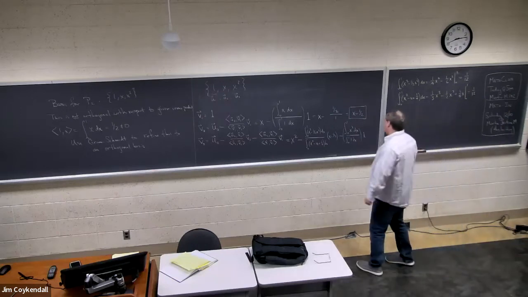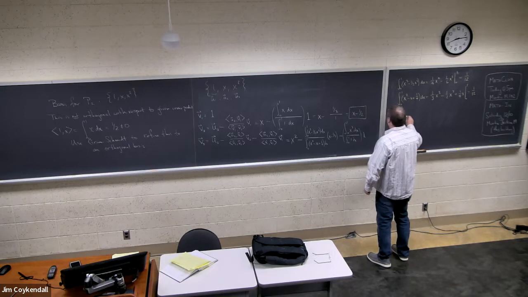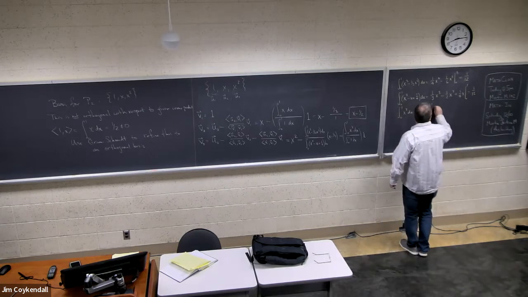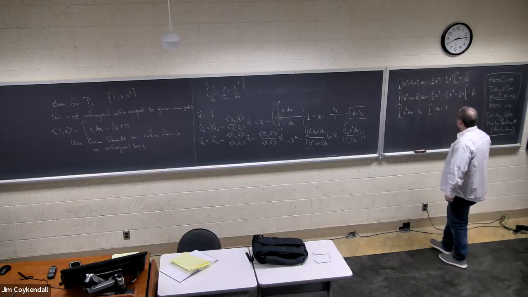And of course, I guess in this integral from 0 to 1, x squared dx is 1/3, and then from 0 to 1 dx is 1.